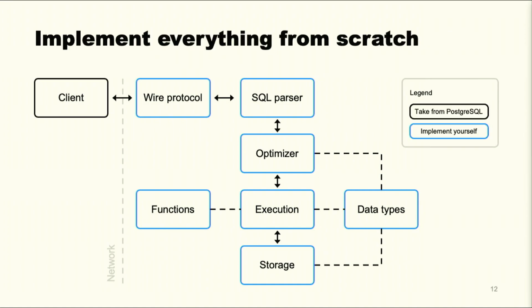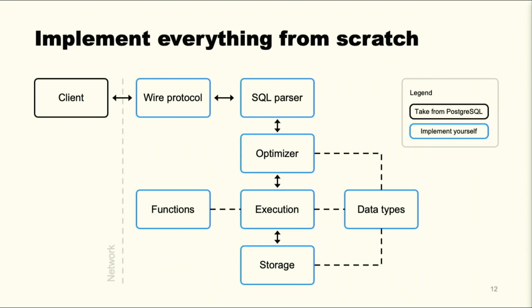Let's take a look at the first approach, which is called implement everything from scratch. Here we introduce also two colors of blocks. Black blocks mean that we'll take this component from the original implementation, in our case from PostgreSQL.